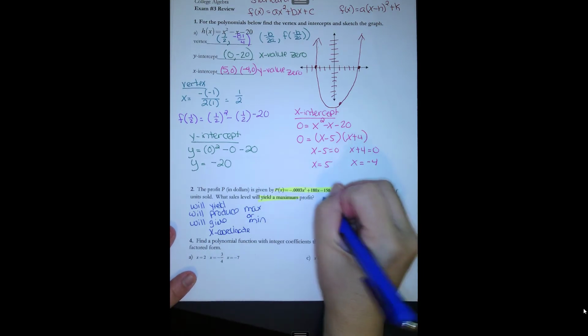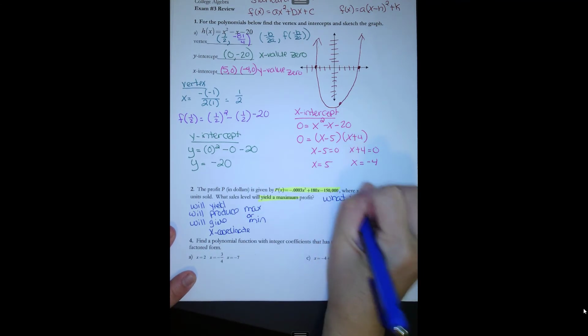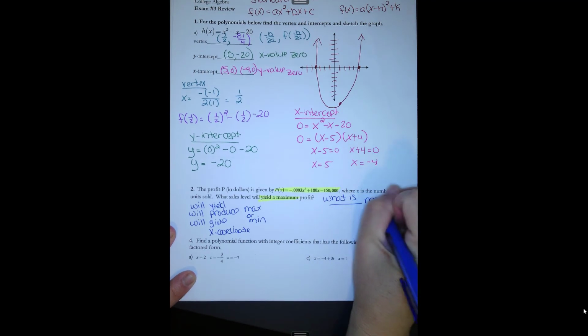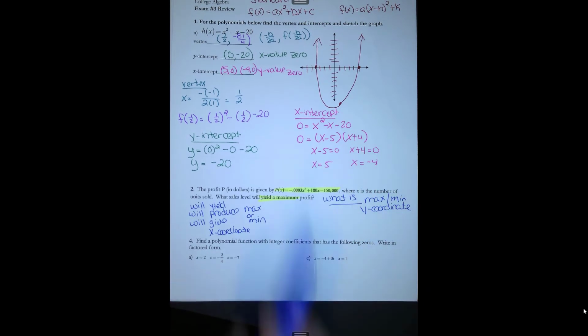If it says what is the maximum or minimum, we're looking for the y coordinate of our vertex. And that just goes back to the opposite of b over 2a, or f of the opposite of b over 2a.